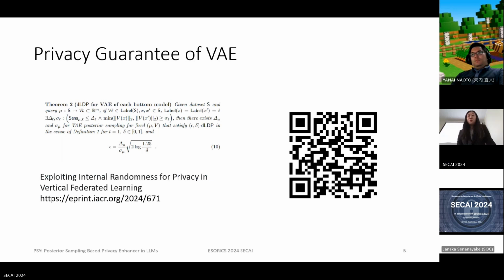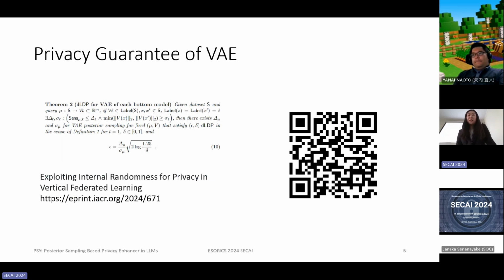Why? The VAE can give a privacy guarantee. This has been proved in our paper, exploiting internal randomness for privacy in vertical federated learning, which was presented at the main conference in Zurich this year. If you are interested, you can read our paper.